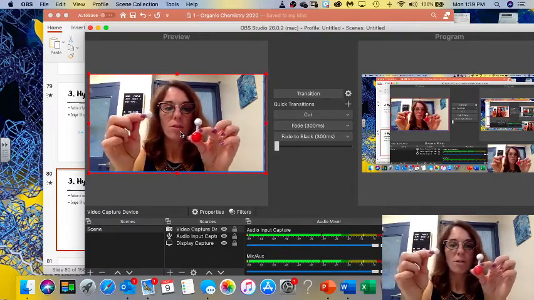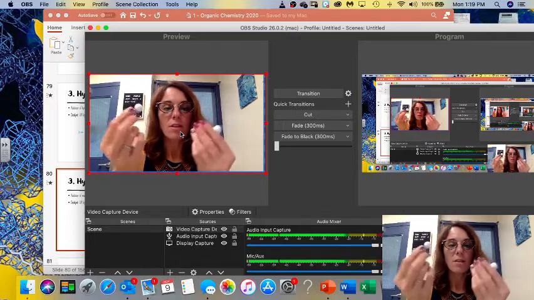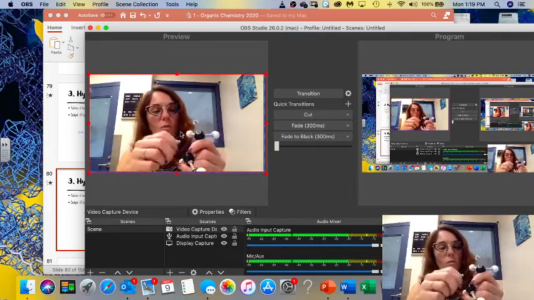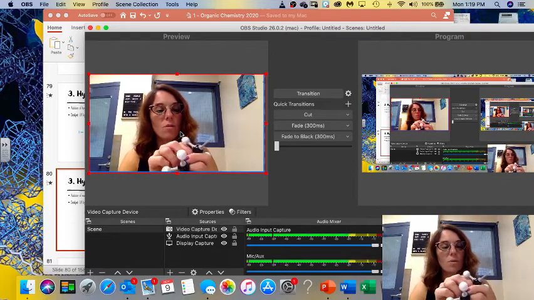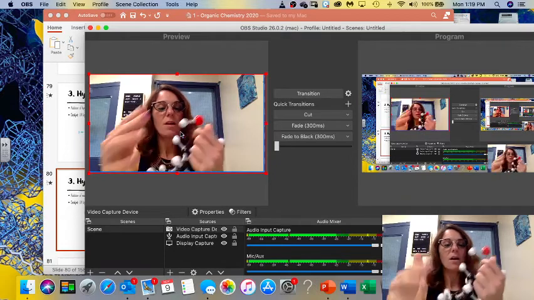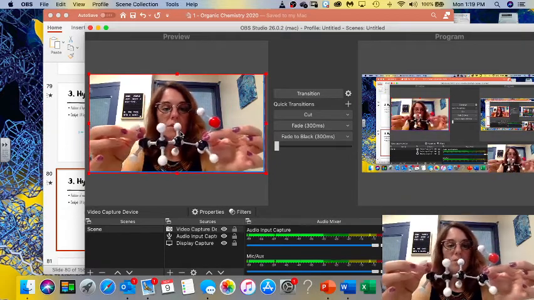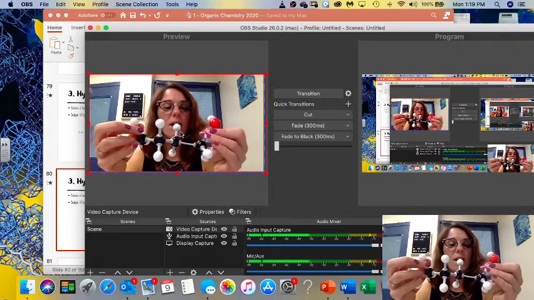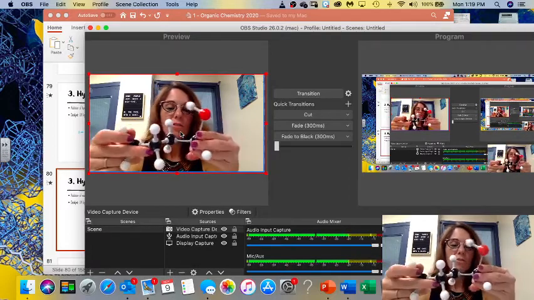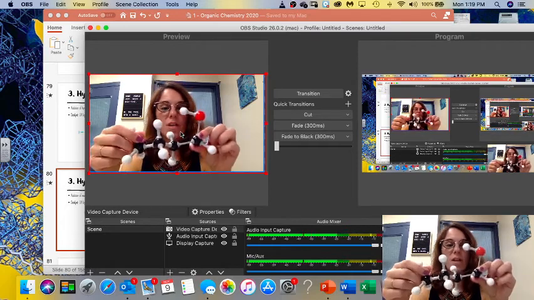So remember when we were looking at the equilibrium unit, these are the two ions that it breaks up into. So one of those will go in one of the open bonding sites and the other will go in the other open bonding site. So here, this is what I've created. This is actually called an alcohol. And when we get into functional groups, we're going to learn how to name these.